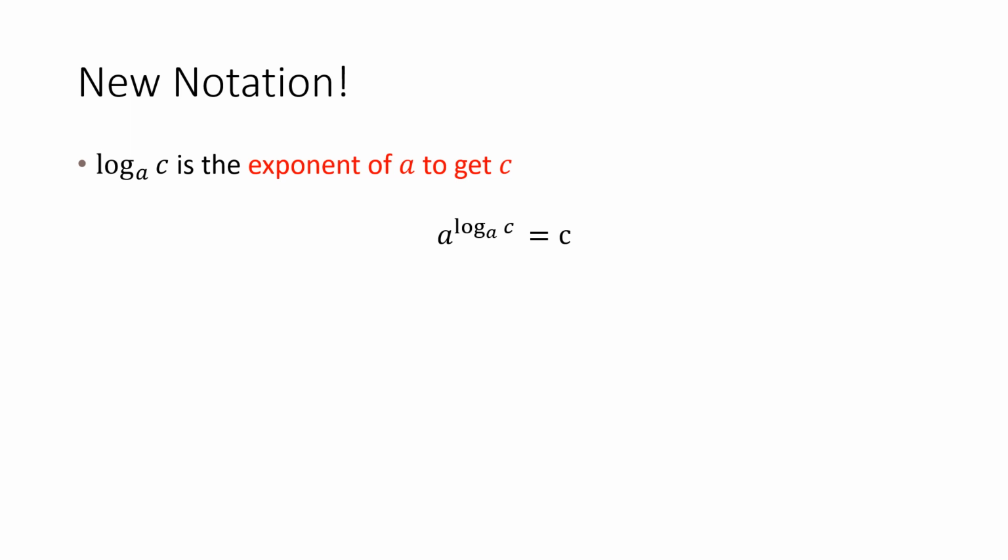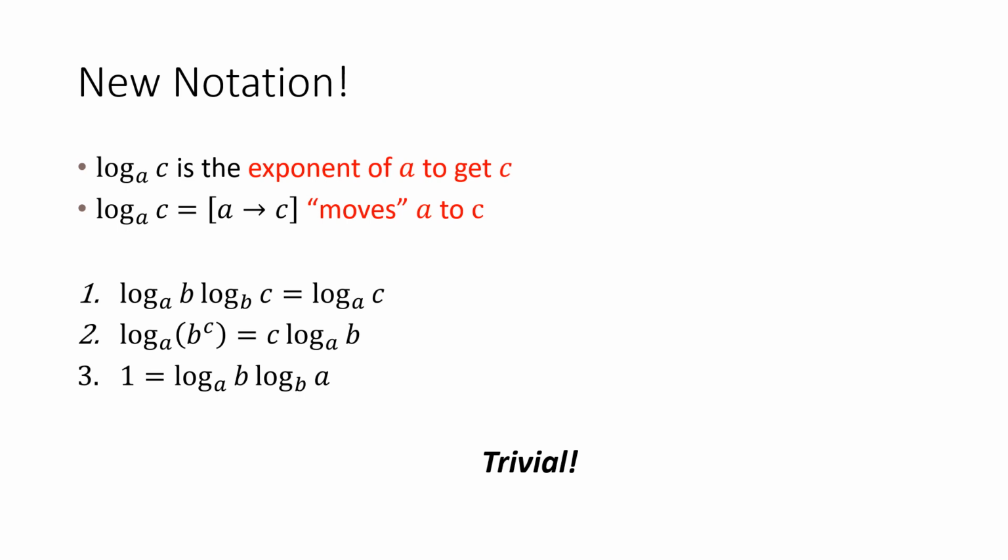Instead, we're going to use a new notation to say that log base a of c is the movement from a to c. Because when I have a to the power of this, it moves a to c. And as we will see, this new notation will help us understand many of the properties. We'll now see how this notation gives us all of these properties pretty much for free.